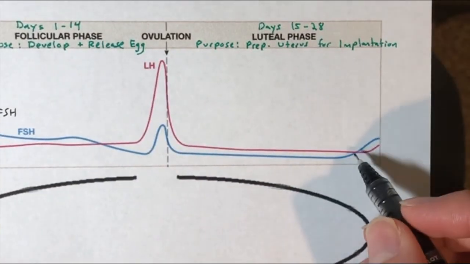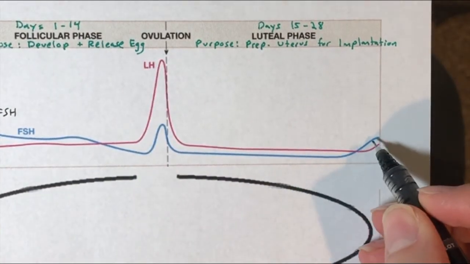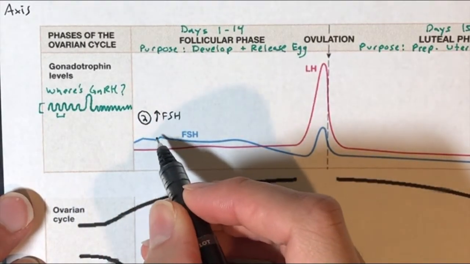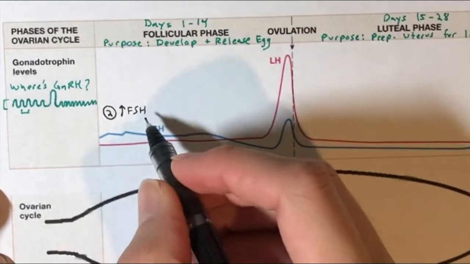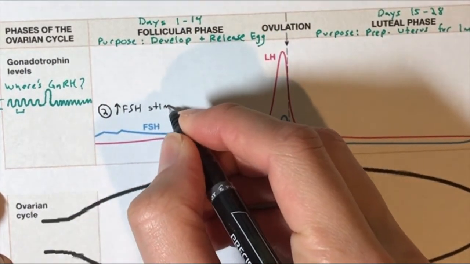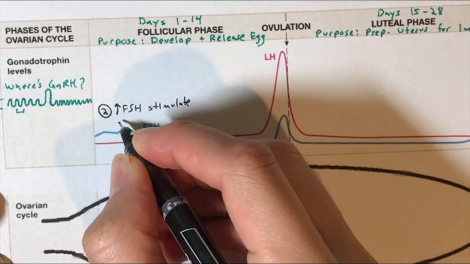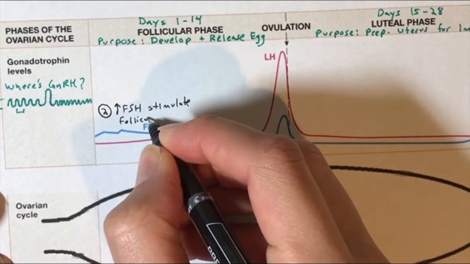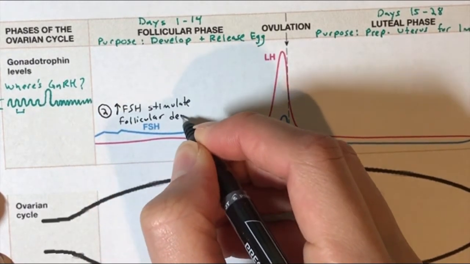You can kind of see that happening already back here. The FSH is increasing, and then here it goes up a tiny bit more. So this little increase in FSH is going to stimulate follicular development.